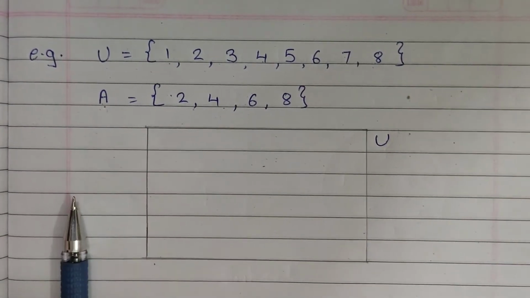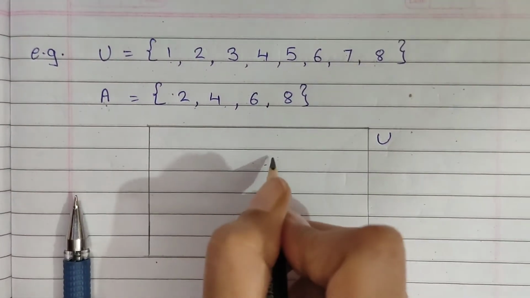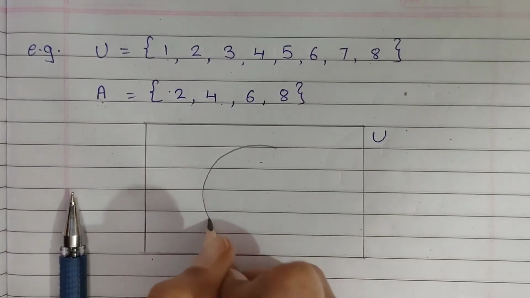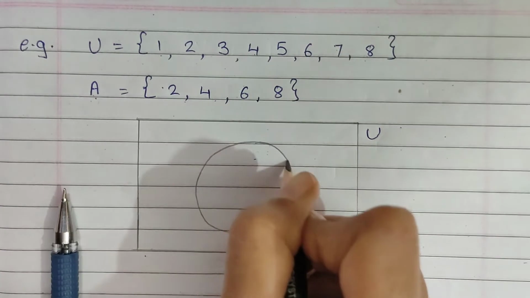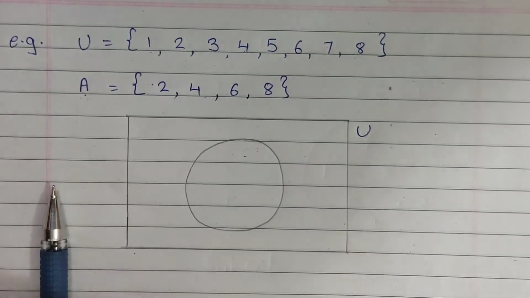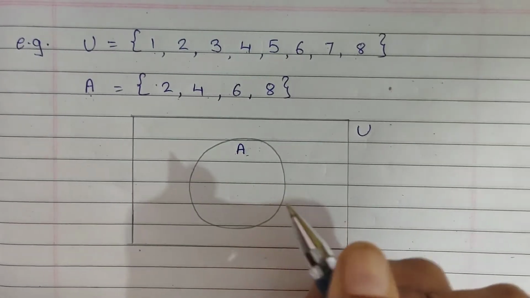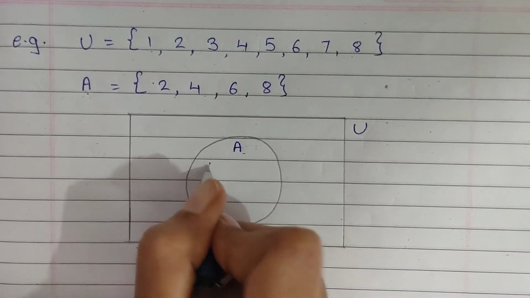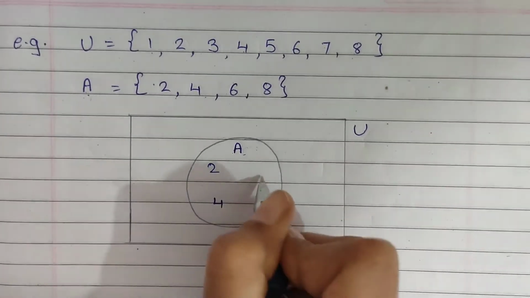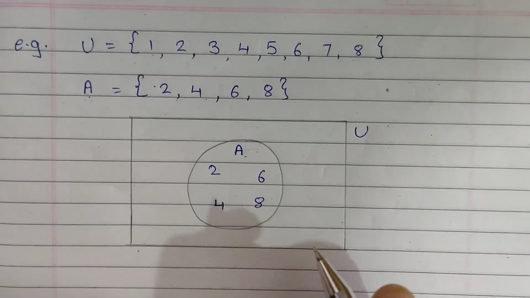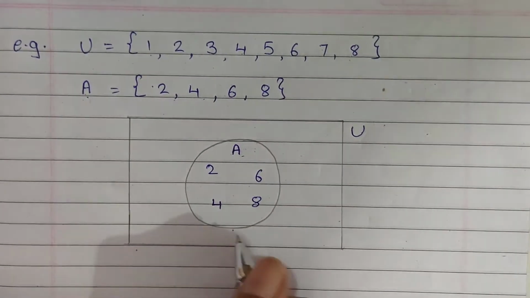Then draw a circle inside the rectangle which will represent set A, and copy down all the elements of set A. So this is our set A.